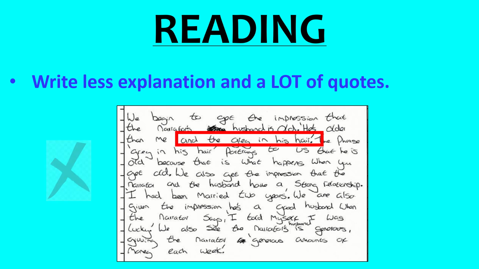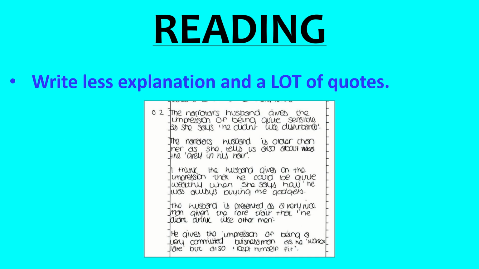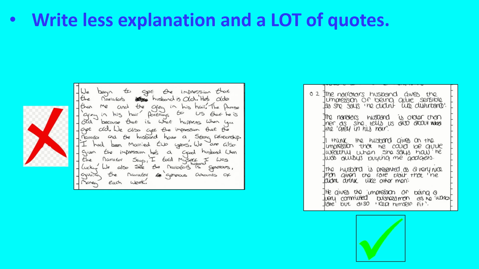So that's what we don't want, and this is what we do want. Look at this one instead. All the way through, they've put a quote, they've explained it. This one, a quote, and they've explained it. This one, a quote, and they explained it. All the way down, really short, sharp explanation is what is going to get you the mark.